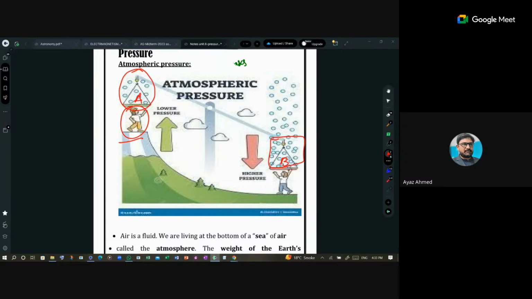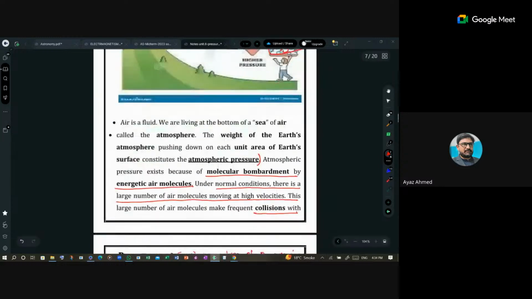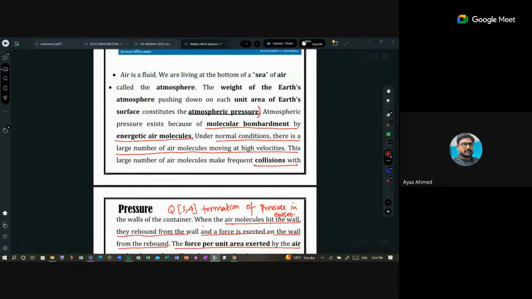So simply speaking, when there is high density of the fluid, or more molecules, then pressure will be more, and at height pressure will be less. So this is all about this slide.